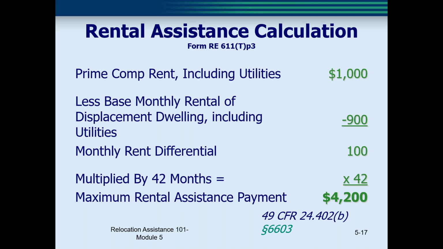The base monthly rental of the displacement site, including utilities from your worksheet, is $900. So the monthly rent differential is $100. You're going to multiply that by 42 months. So in this situation, their rent supplement payment calculates out to a maximum of $4,200.